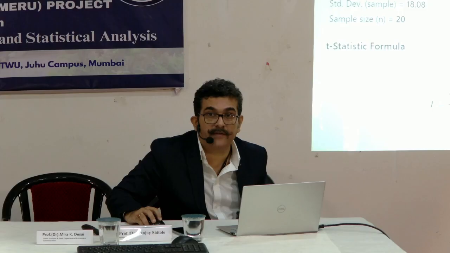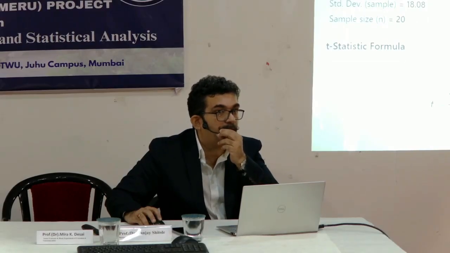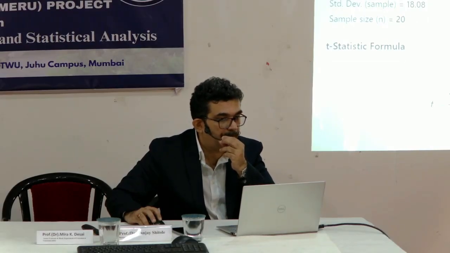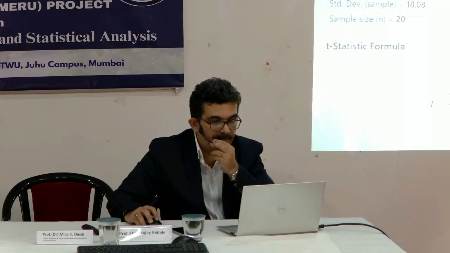Please note down the values and we will compare with AI. Sample mean is 70.57. Then standard deviation is 18.08. Sample size is 20 and T value is 1.6627. Let's see whether ChatGPT has calculated properly or not.